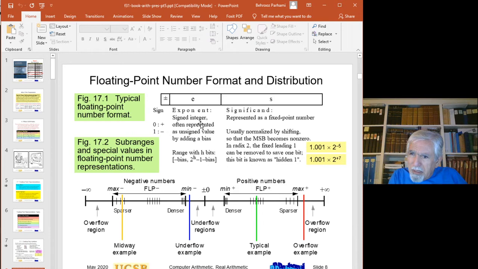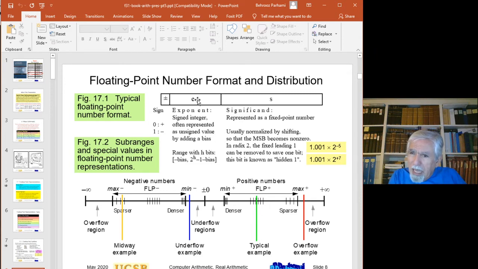The exponent is a signed integer, often represented in bias format. So instead of having a sign and magnitude or using 2's complement for the exponent, the common way of representing the exponent is to use a bias.